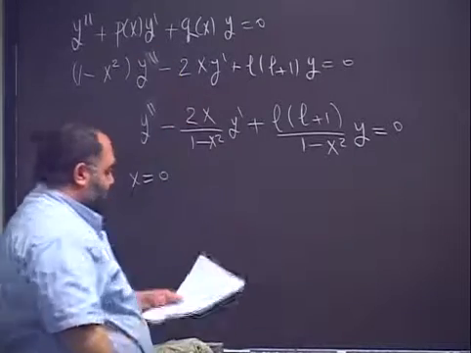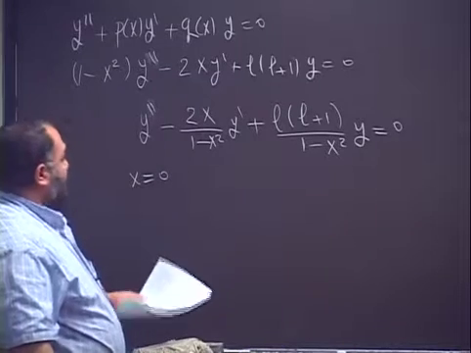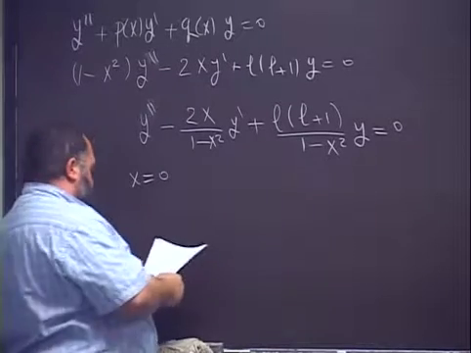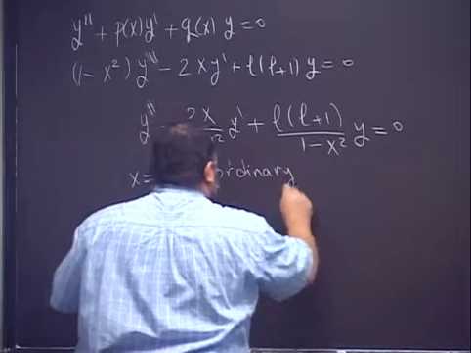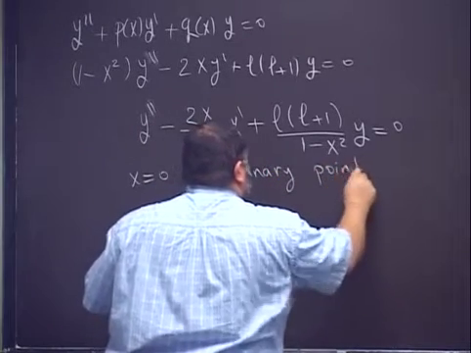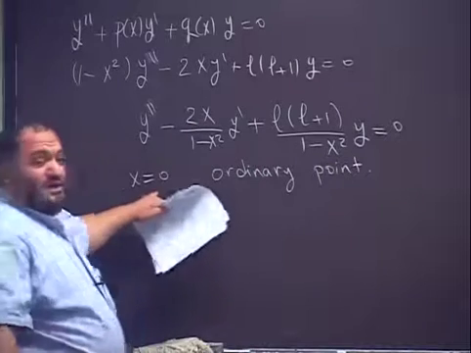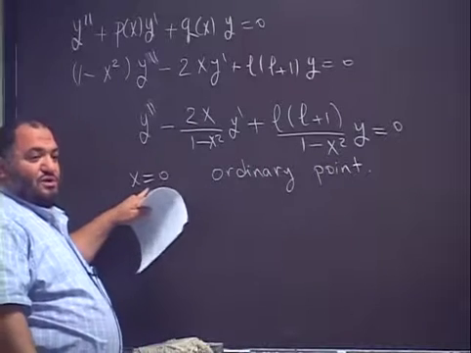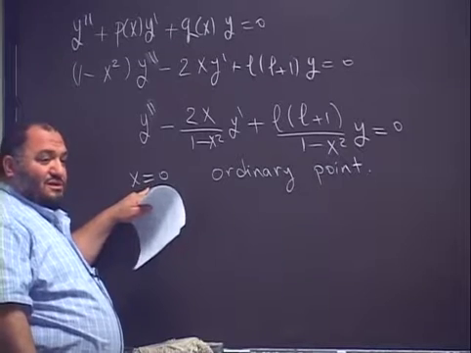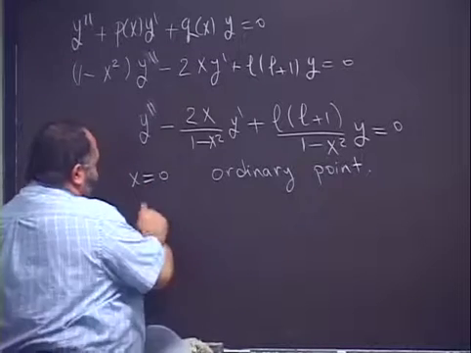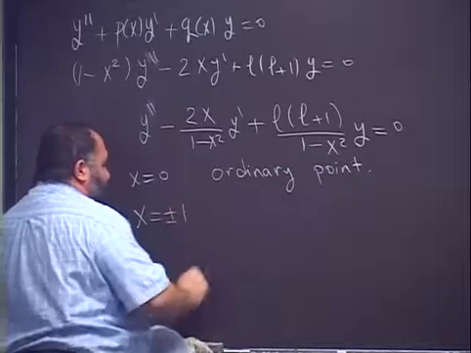X equals 0 is an ordinary point. And we will see in a minute that we can seek a solution based on the power series method around x equal to 0.